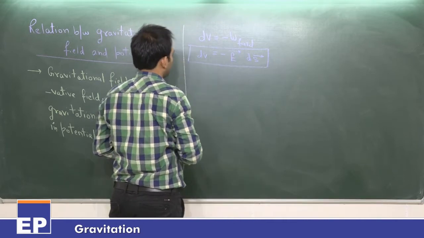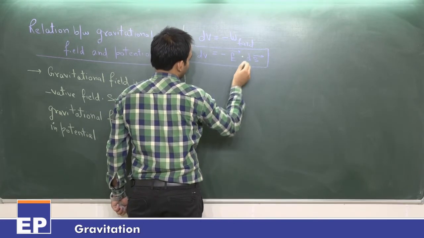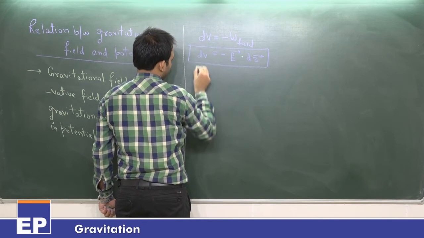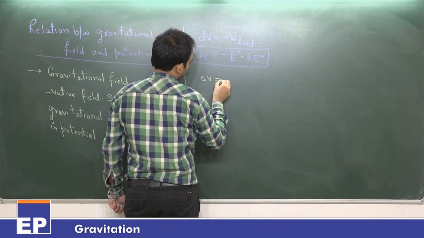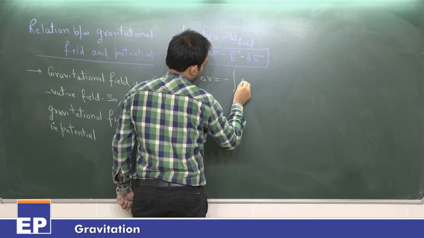If we calculate the change in potential, you can integrate this. Delta V is minus of integration of E dot ds.